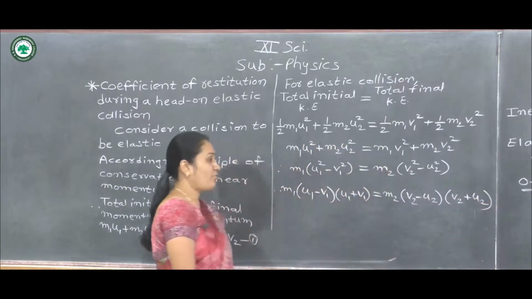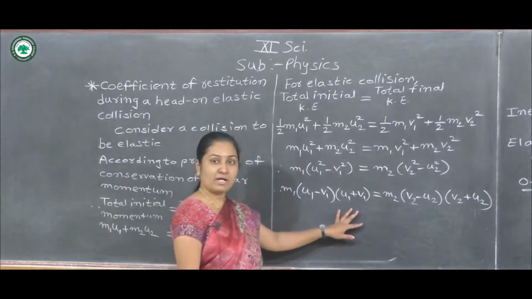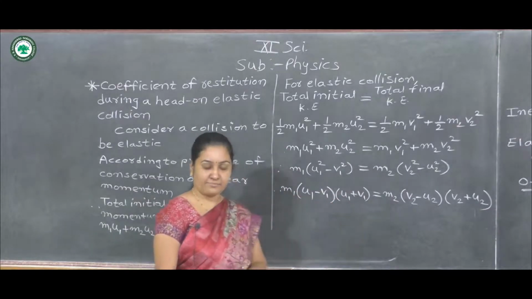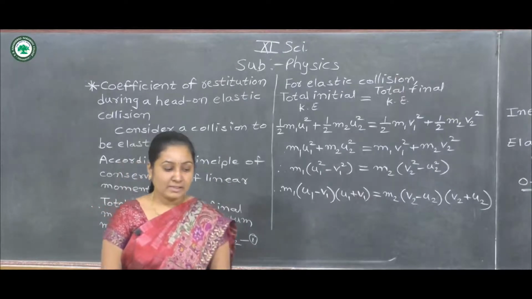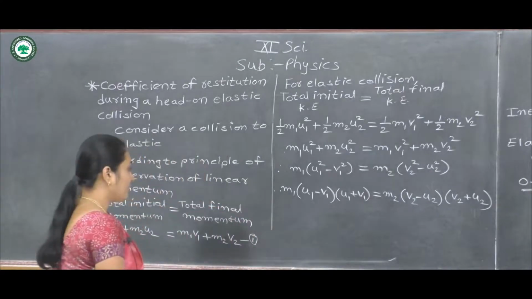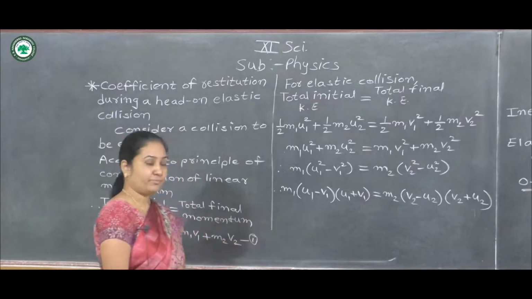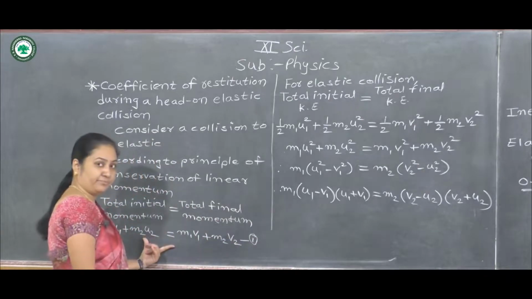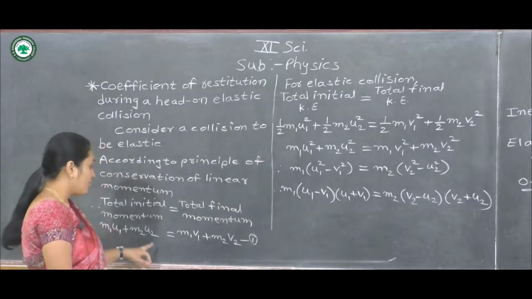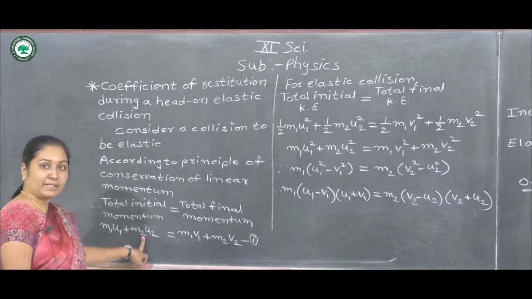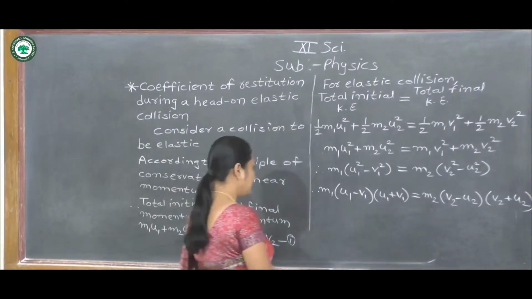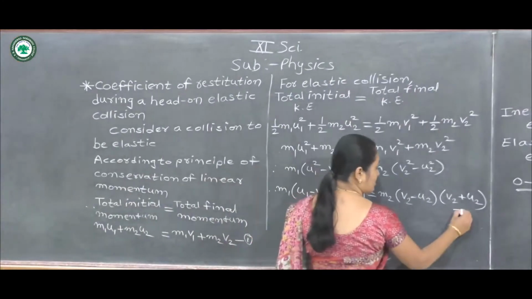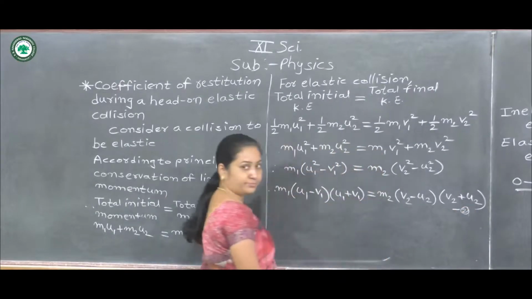So by using the formula a square minus b square we can write this. Now in the next step we have to divide this equation by this equation. Suppose this is equation 2.